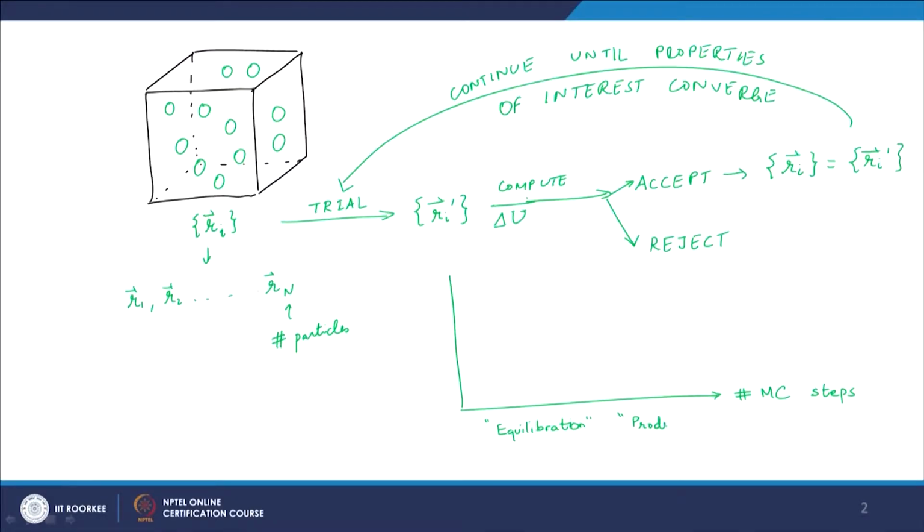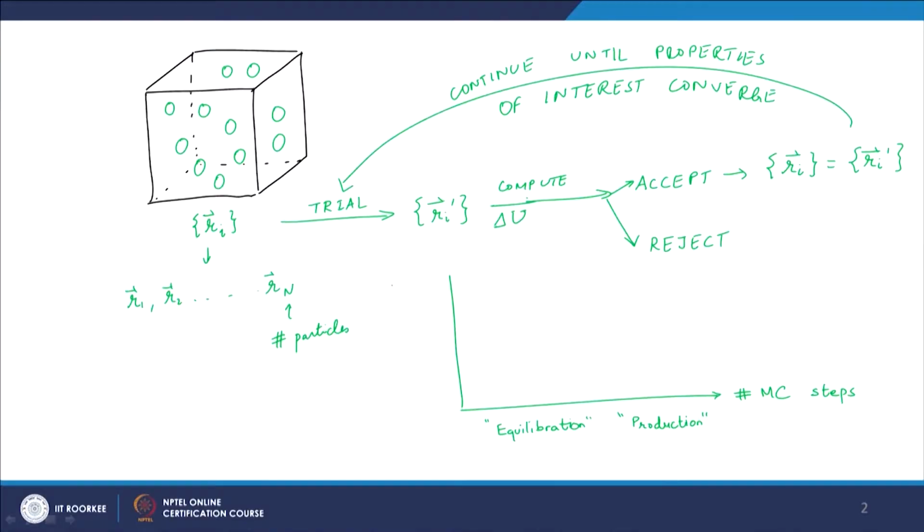So, constant and equal. After we reach equilibrium, then we do something known as a production run, where you can average over those many conformations which are at equilibrium. Okay. So, to begin with, let us say I start with the polymer chain. The polymer chain would be very far from equilibrium.